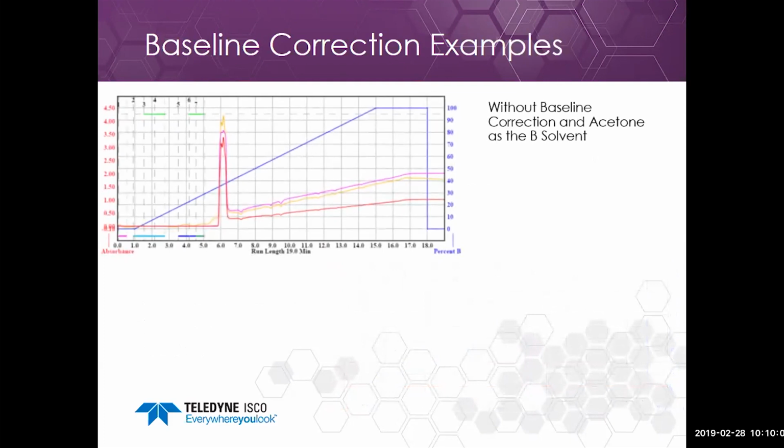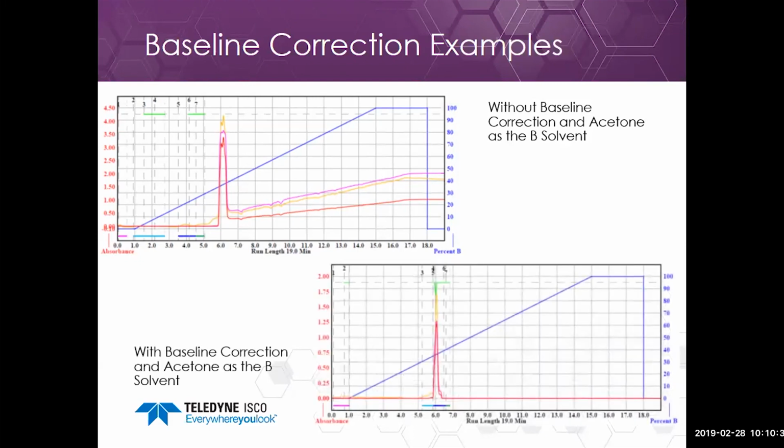Another example is actually changing to a different solvent. Acetone has found good use as an alternative solvent when we use the baseline correction feature. With acetone, without the baseline correction, you can see the chromatogram on the left there. This is a single compound, but you can see the baseline drift towards the end there.